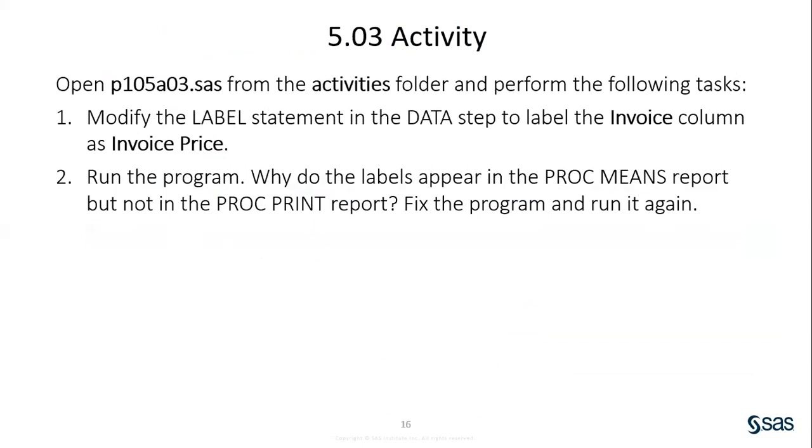Same thing. So just open this activity A03. Modify the label statement in the data step to label the invoice column as invoice space price. Run the program. Why does the label appear in the proc means report but not in proc print? Fix the program and run it again.